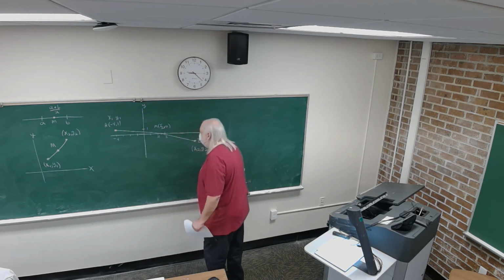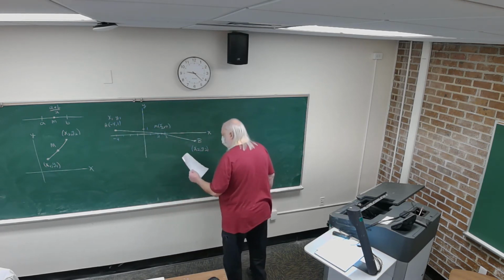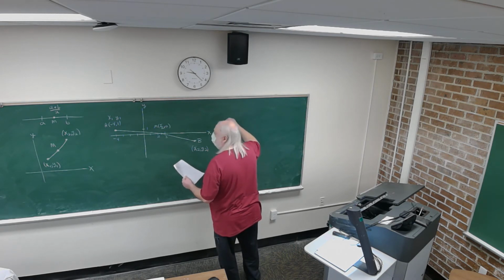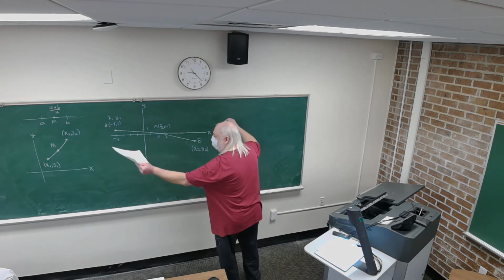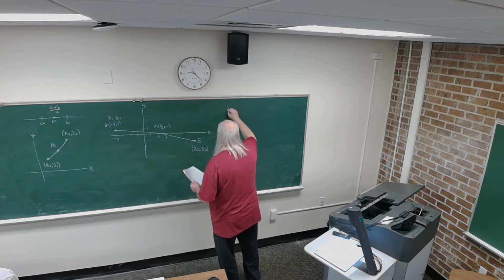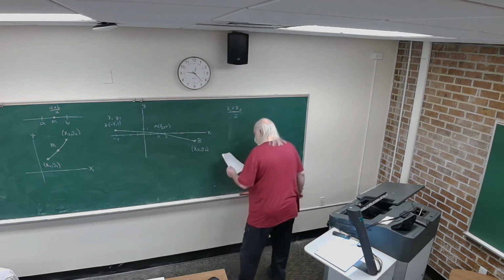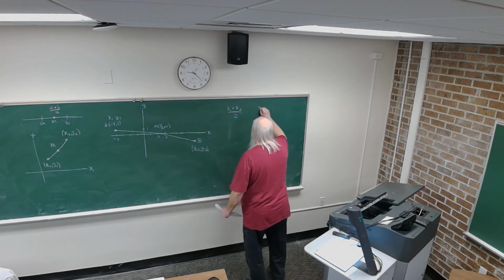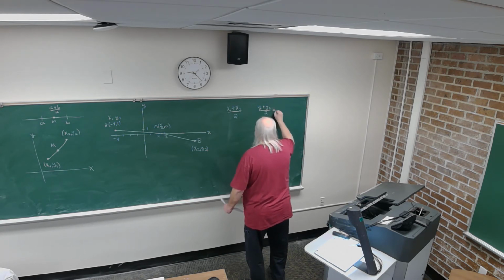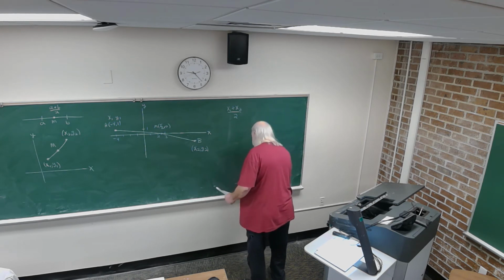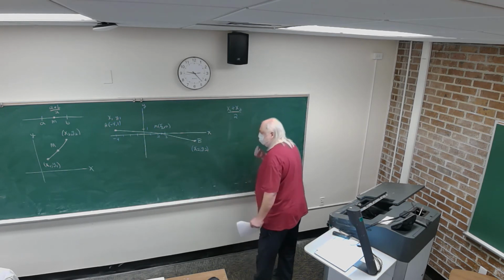Okay. And so the x coordinate for the midpoint formula is the average of the two x coordinates for A and B. And the y coordinate for the midpoint is the average of the two y coordinates for A and B.